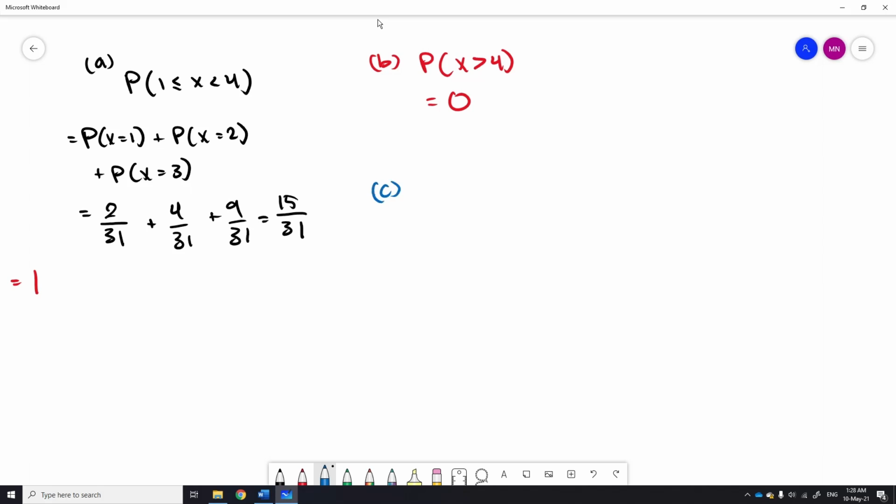Okay, then for question C, the probability where modulus of x minus 3 is less than 2. We need to remove the modulus and it becomes negative 2 less than x minus 3 less than 2.